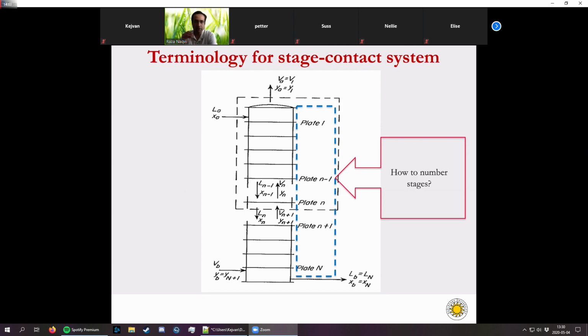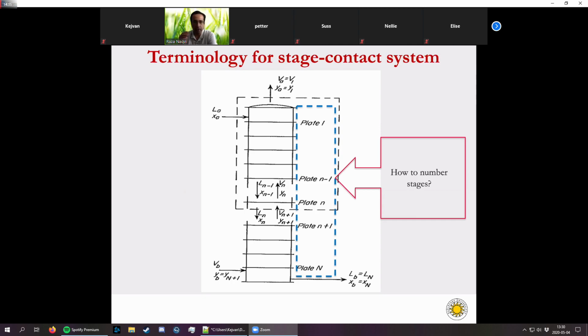There are some people who do it the other way, starting from bottom to top. They name plate number one at the lowest part of the distillation column or any equilibrium stage system, and they put plate number n at the top. But normally the most accepted way of numbering the stages is according to the flow of the liquid.